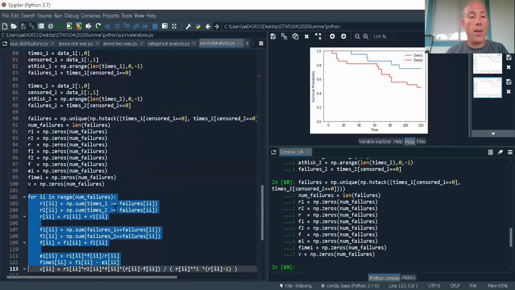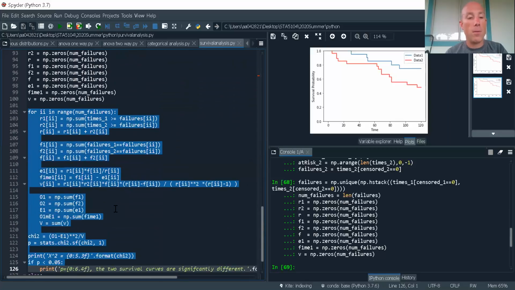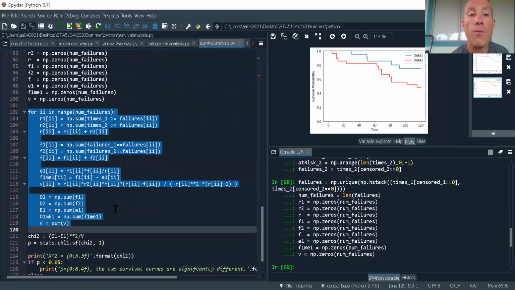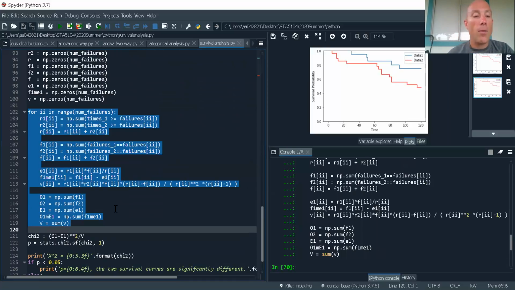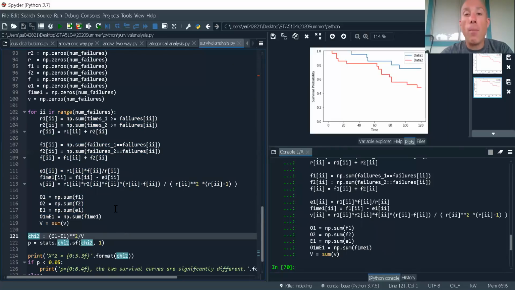All right, so now let's go ahead and fill this in. This is just going through and conducting all of the calculations we need for the hypothesis test. All right, so this is a non-parametric test. This is using the chi-square distribution to get our p-value.